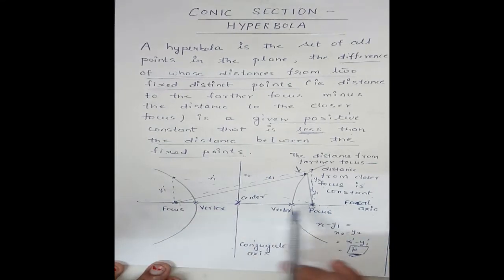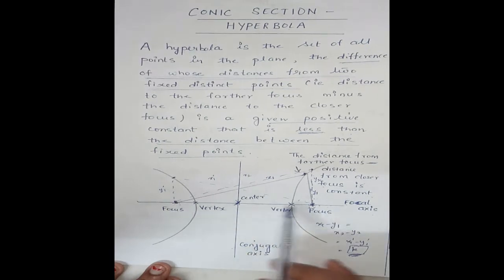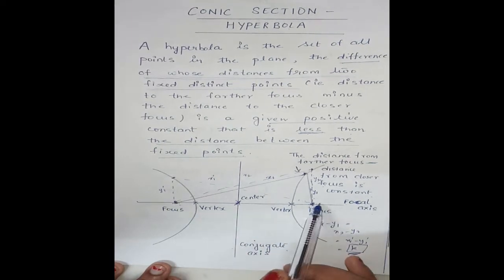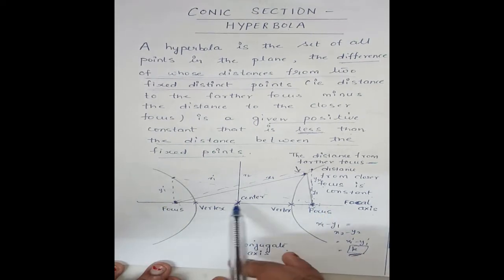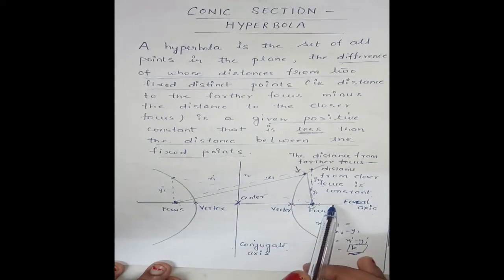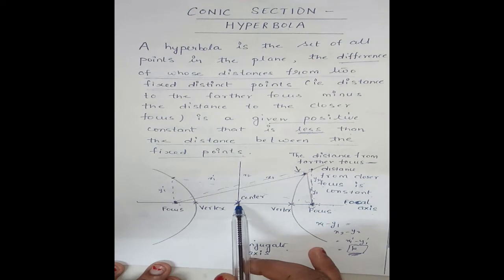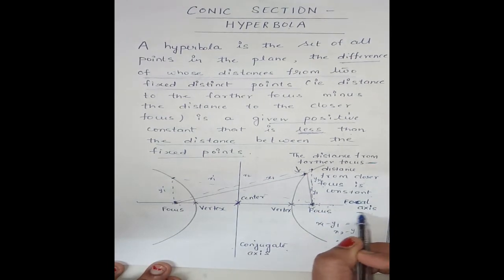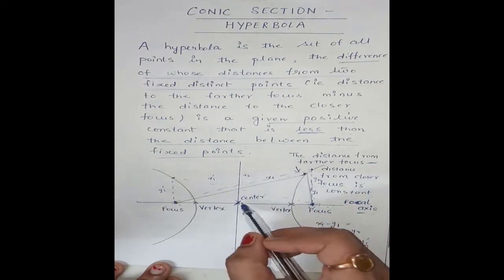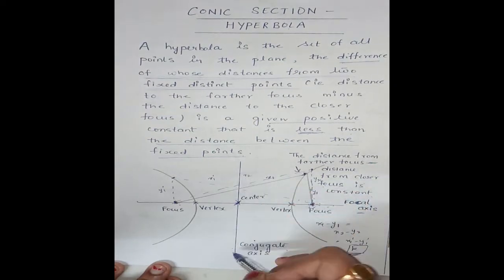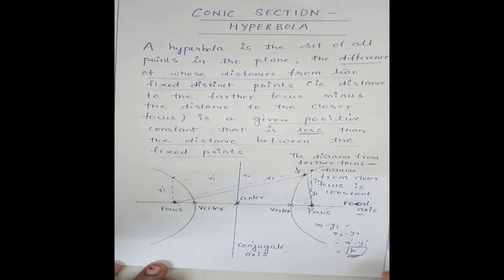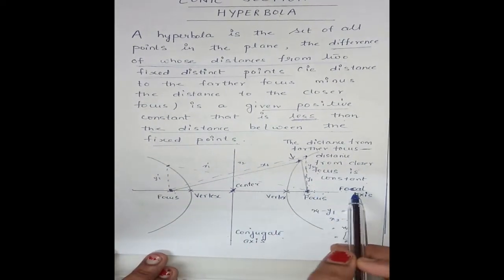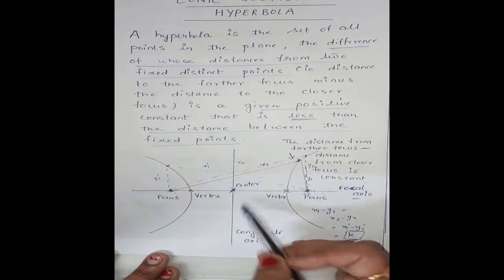Now, the midpoint of the line segment joining the two foci is called the center. First of all, the fixed points are the foci, and the midpoint of the line segment joining the two foci is called the center. The line through the foci is called the focal axis, and the line through the center perpendicular to the focal axis is called the conjugate axis. See here, in the ellipse we had the major axis and minor axis.